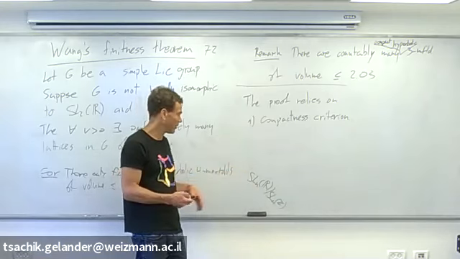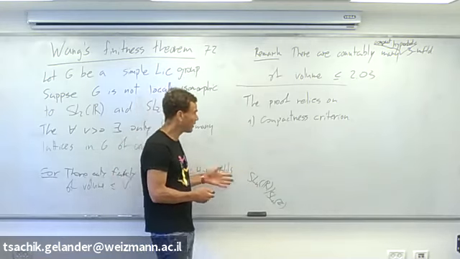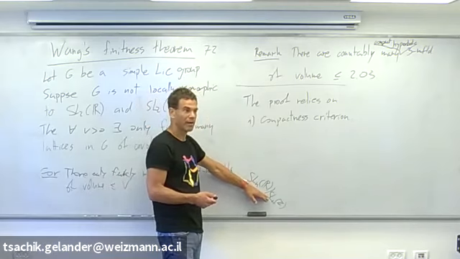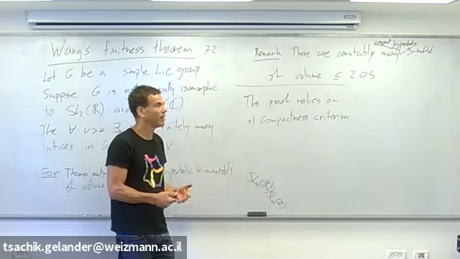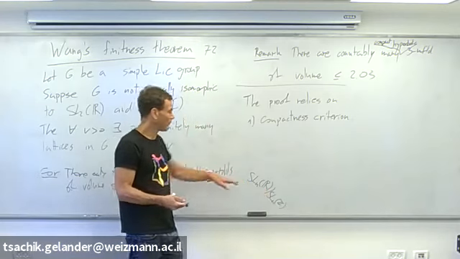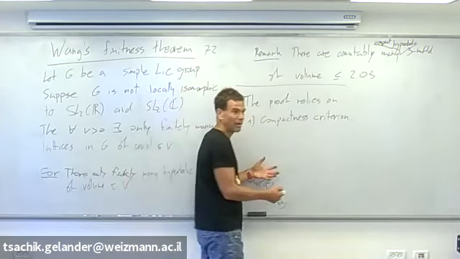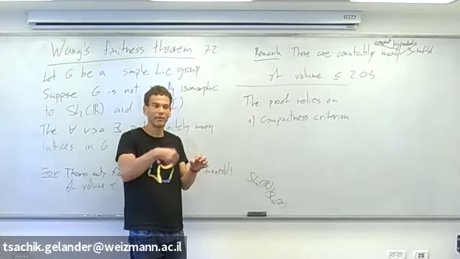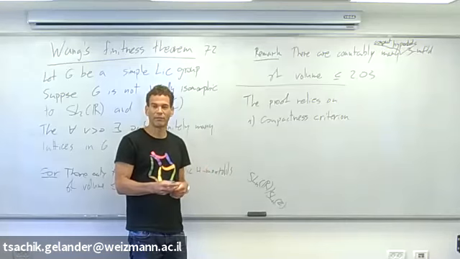The Mahler criterion is about compactness of subsets here, and what it says is that a set of lattices in R^n is compact if and only if there is some identity neighborhood that all the lattices miss.